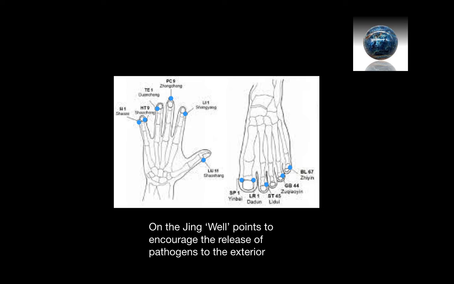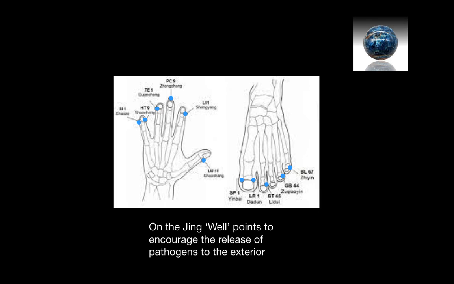The next point is the triple energizer meridian located on the lateral edge of the cuticle of the ring finger. On the little finger, on the inner edge of the cuticle, is the heart meridian point, and on the outer edge is the small intestine meridian point, the heart's paired meridian.